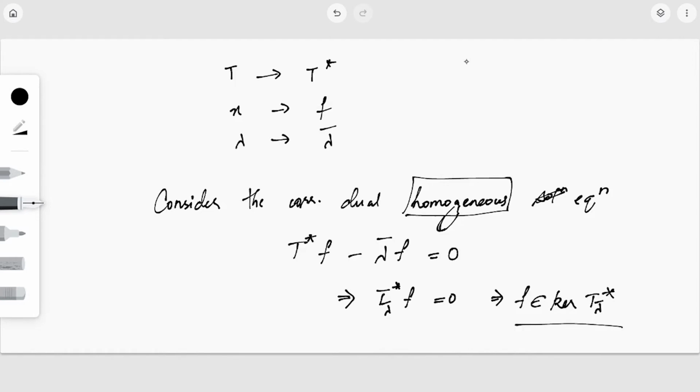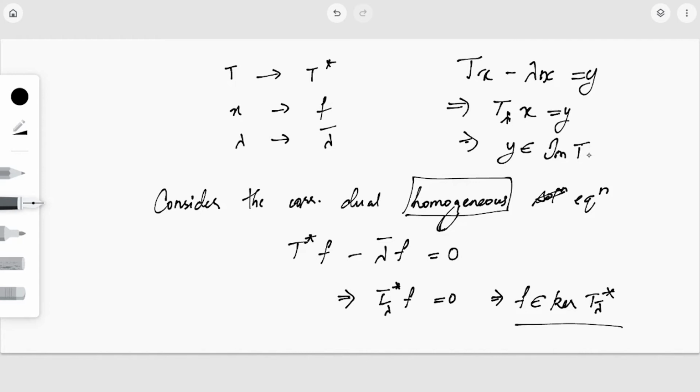Now we are asked to find the condition under which the solution exists, that is, T of x minus lambda of x equal to y. This implies T lambda of x is equal to y, or I can say that y is an element of the image of T lambda, which is equal to del lambda.